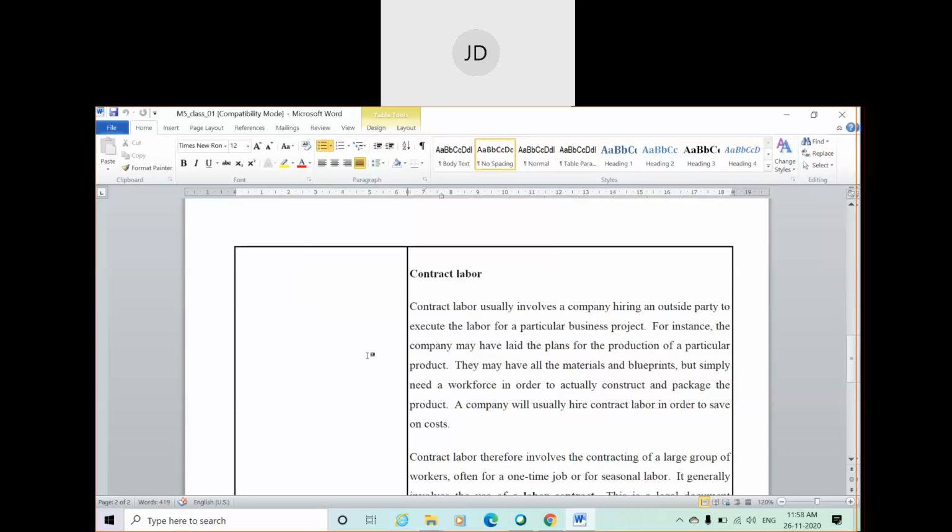Then you can hire labor on contract, especially for that particular work. They will be associated with you only up to the completion of that work. After the completion, they will move on and join another work. It is not your responsibility. So they are called contract labor.